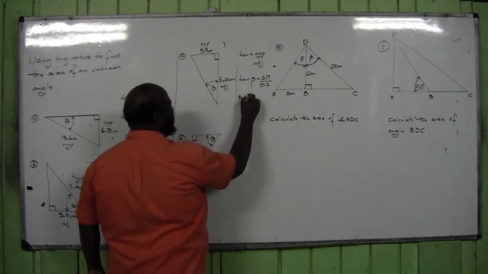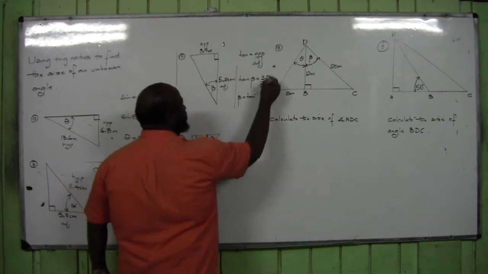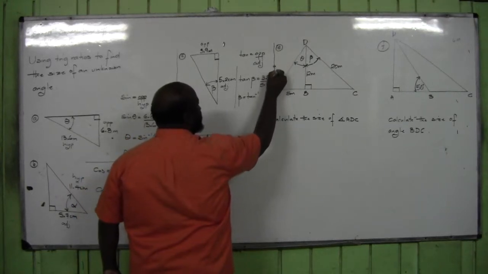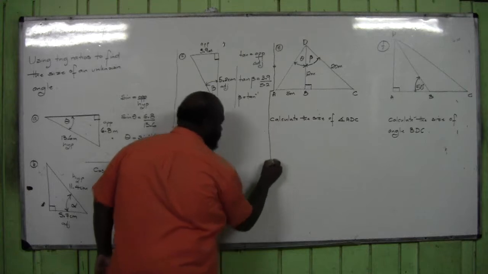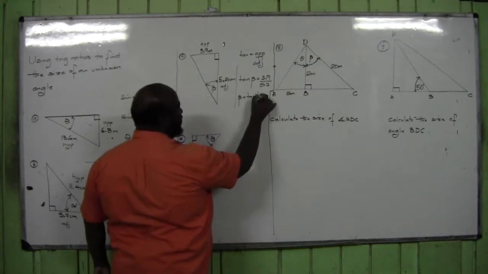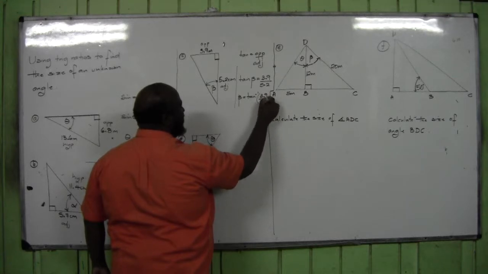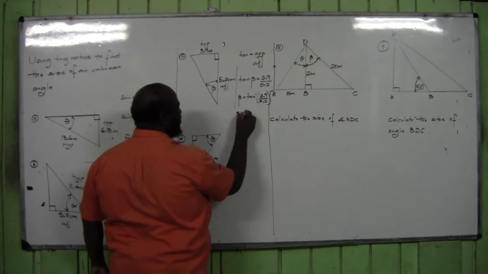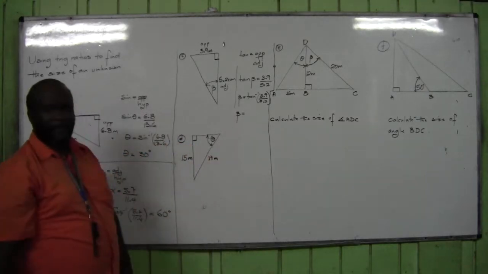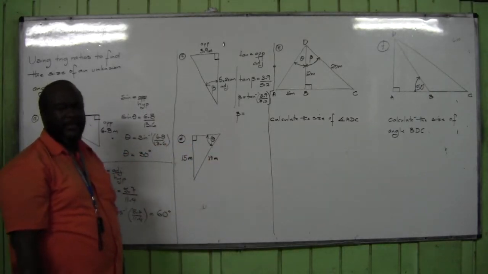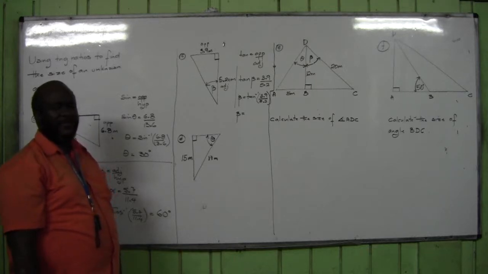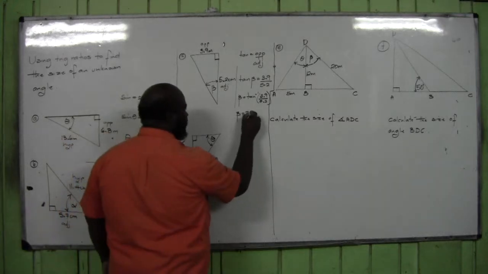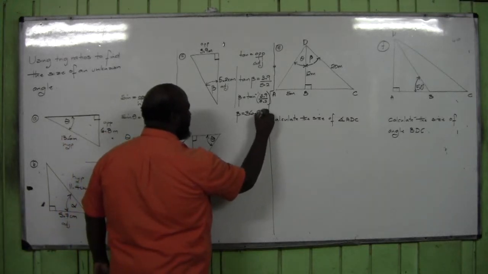Beta is equal to tan inverse, open bracket, 3.9 divided by 5.2. Beta is therefore equal to 36.9 degrees.